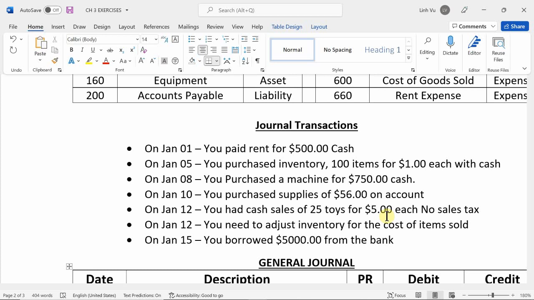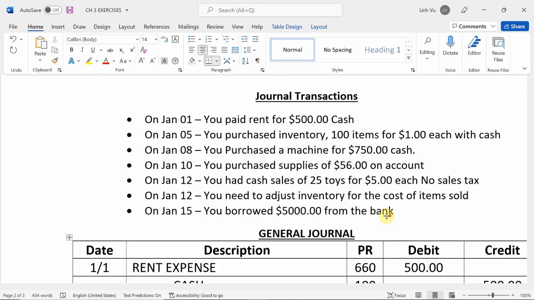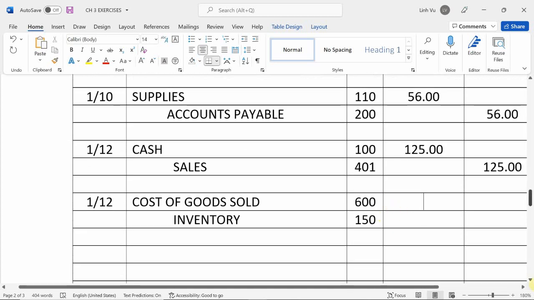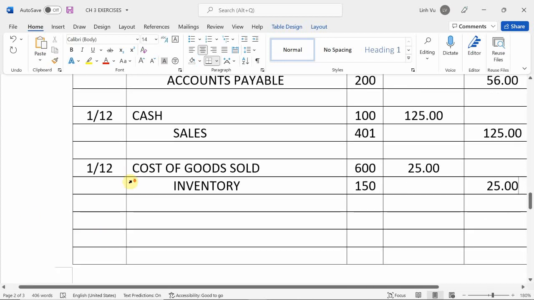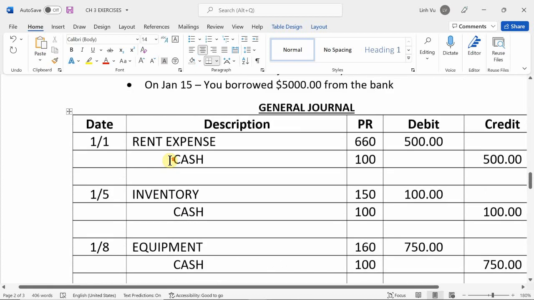I'm asking you what it cost me. What did I originally buy the items at? $1 each. And if I sold 25 of them, how much did it cost me to sell? It cost me $1 each. So therefore, $1 times 25 is going to cost me $25. That means I profited $4 per item I sold. All right. There you go.